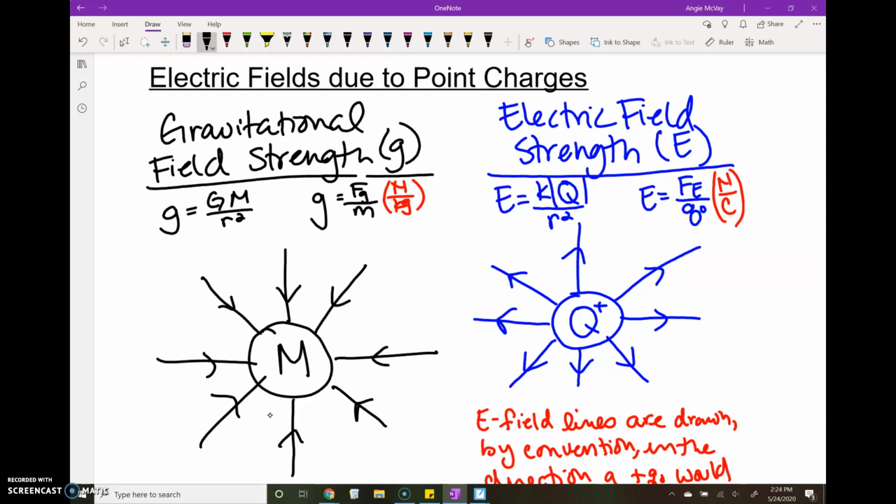Here I labeled my central point charge Q, and I labeled it as positive. And because that central charge is positive, I know that if I place any small positive test charge out here, it would travel away. That positive charge would travel away from this big positive charge. So that's the direction our electric field lines are pointing.